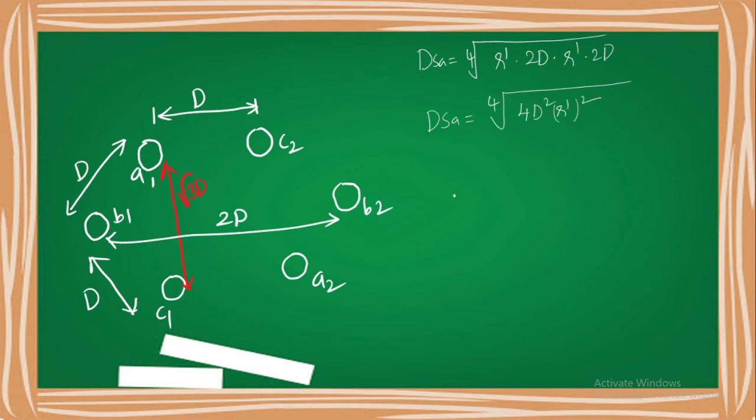If you simplify it, fourth root means power 1 by 4. 4 can be written as 2 square, and 2 square whole power 1 by 4 is 2 power 1 by 2. D square whole power 1 by 4 is D power 1 by 2. R dash square whole power 1 by 4 is R dash whole power 1 by 2. This is the value of DSA.